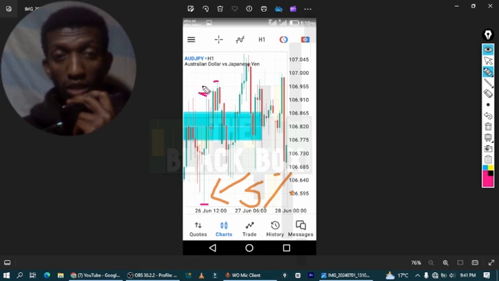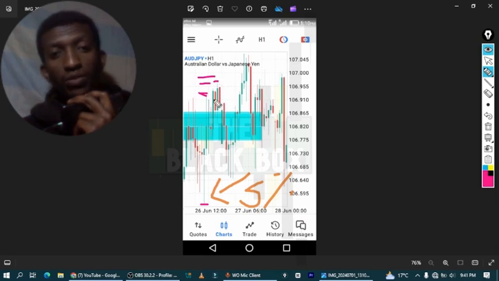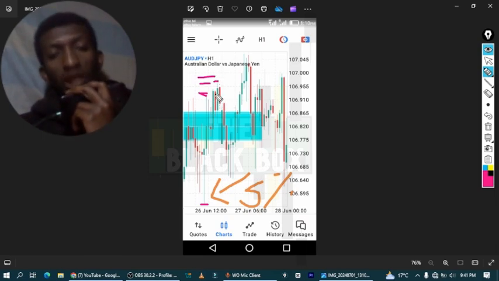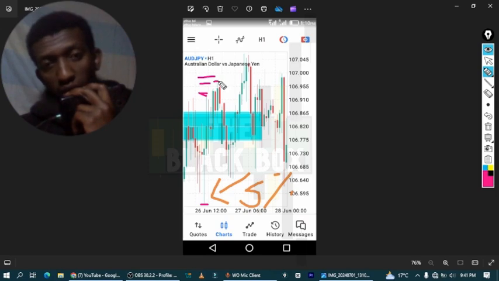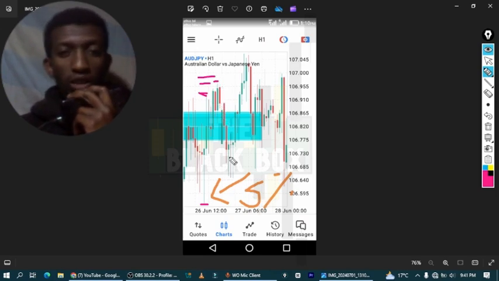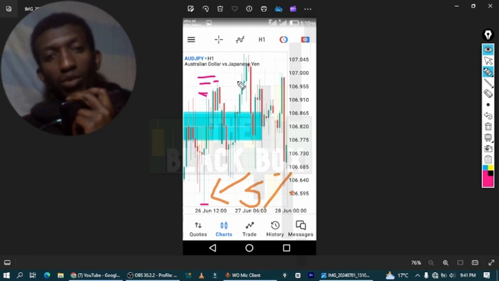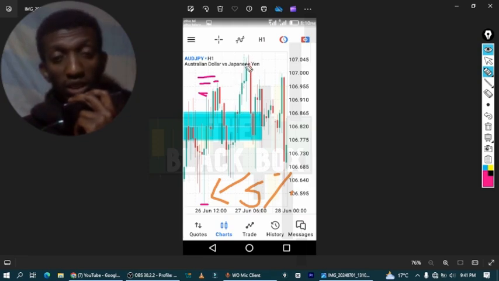It didn't break the 2.5% level. This 2.5% is above there, I think. It went a little bit up but didn't quite break it. So the next one made sure that the 2.5% is really broken.